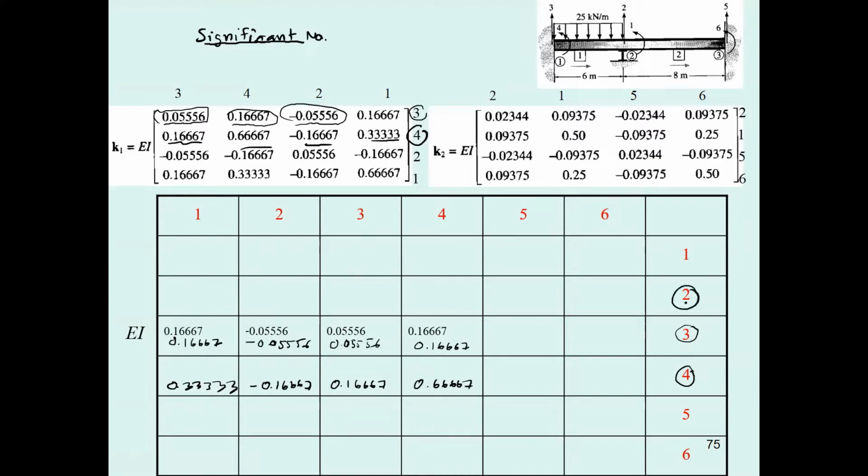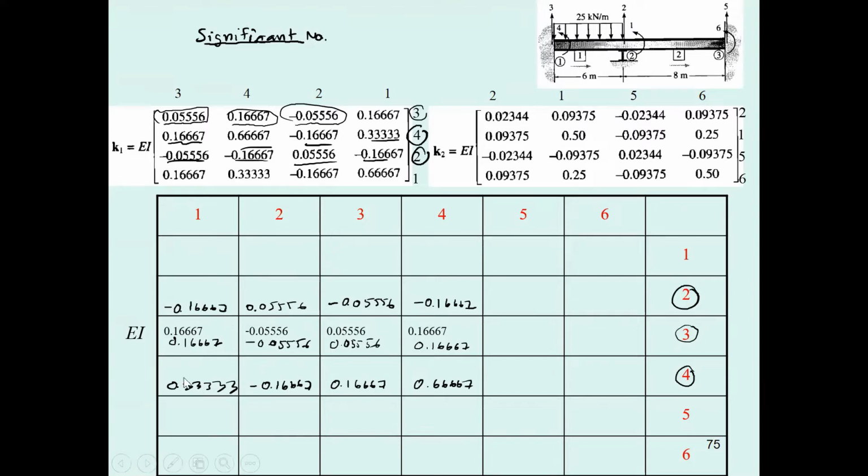Then we come to number 2. Okay, number 2 start with 3. This one minus 0.05556, and then go to number 4 minus 0.1667, and then you jump to number 2, 0.05556, and then you jump to number 1 minus 0.16667.